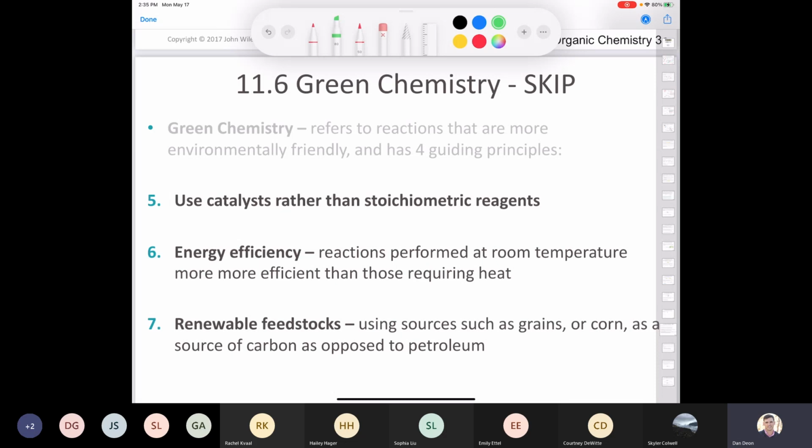And renewable feedstocks, if you can have a starting material that comes from, let's say, grains or corn, something that can be replenished quickly, as opposed to coming from the petroleum industry, being isolated from crude oil, which is not a renewable energy source. All right.